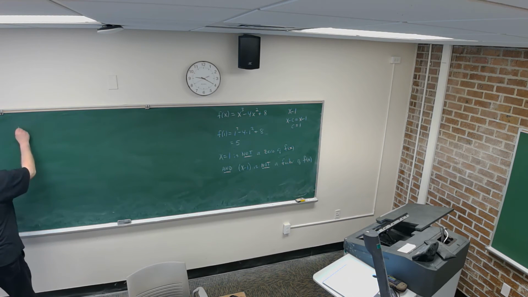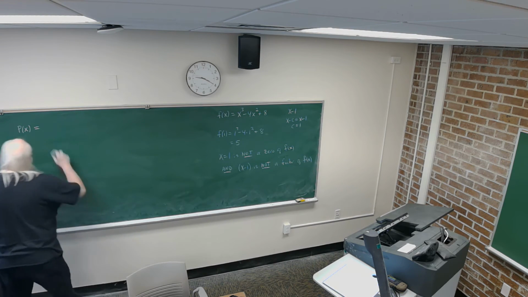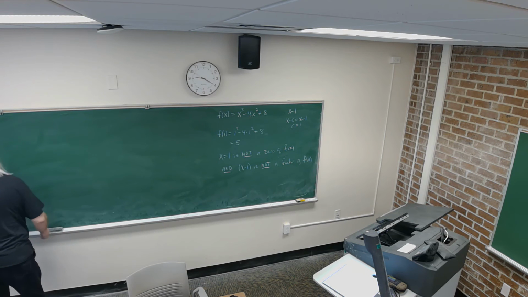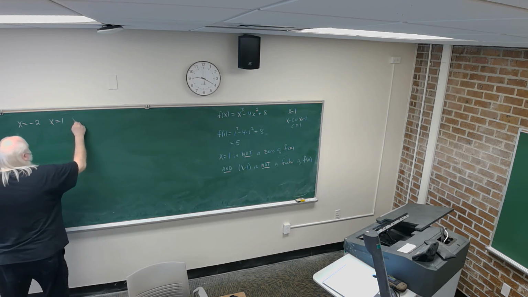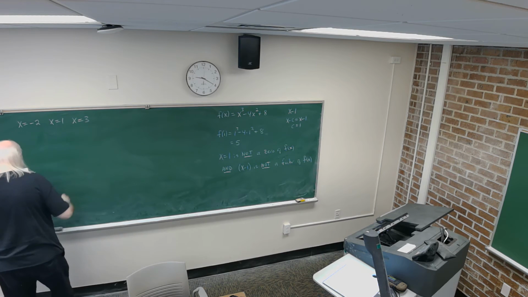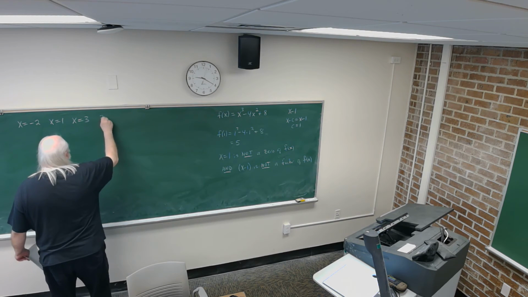All right, so p of x, p is the name of our polynomial function, has a degree 3. So let me rewrite the zeros up here for a second. The zeros are x equals minus 2, x equals 1, x equals 3.